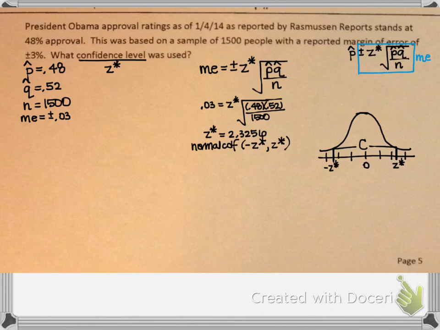I'm going to type that into my calculator, and it looks like I got 0.9799, which I am going to say is probably a 98% confidence level.